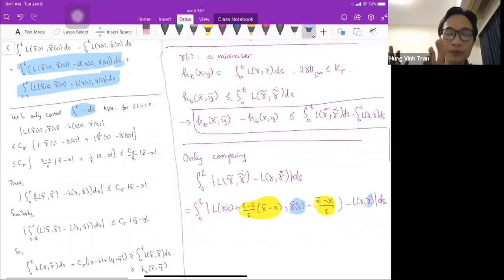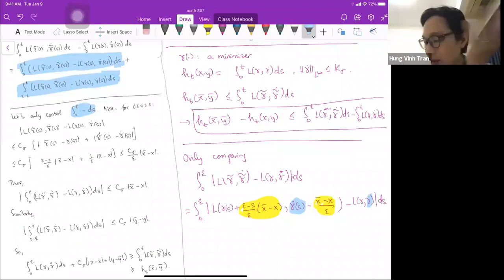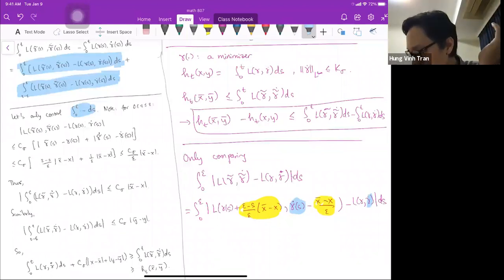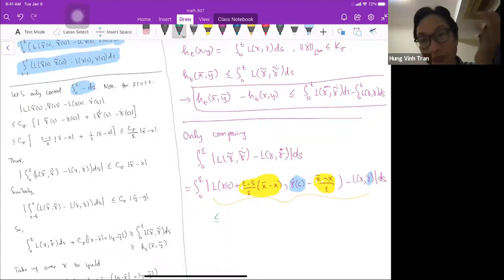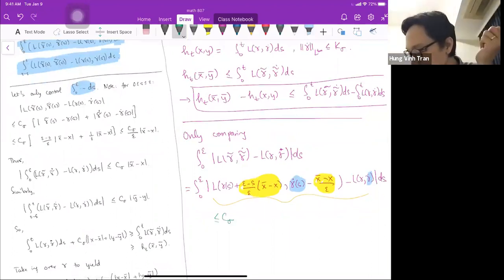I mean, L is only locally Lipschitz, but because the velocity now is bounded, you see that what was written here is very easily bounded by c sigma, for some constant depending only on sigma, of the difference in the position, epsilon minus s over epsilon times x bar minus x, and the difference in velocity, 1 minus epsilon times x bar minus x.